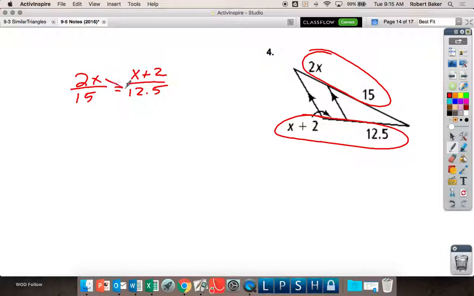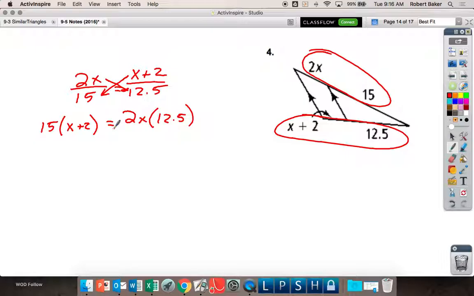If I cross multiply this way first, I'm looking at 2x times 12.5. If I cross multiply this way, I'm looking at 15 times x plus 2. Those two things should be equal to each other.